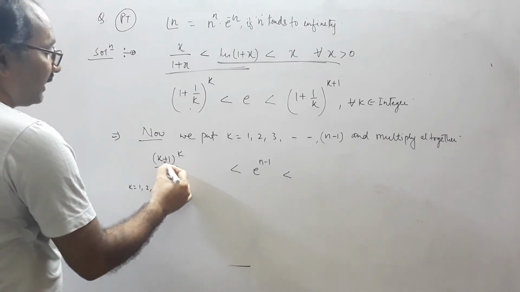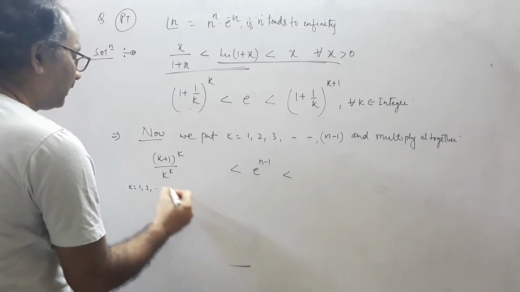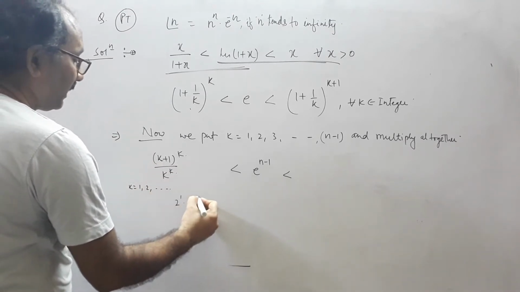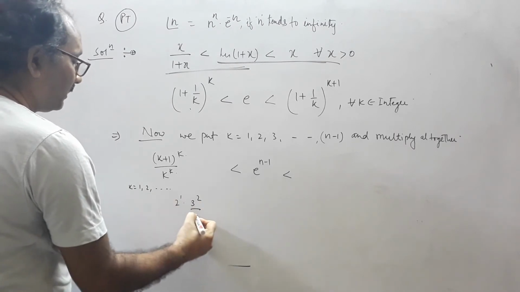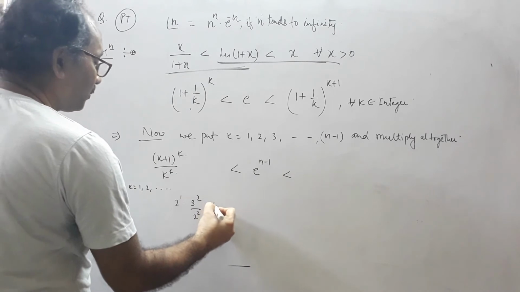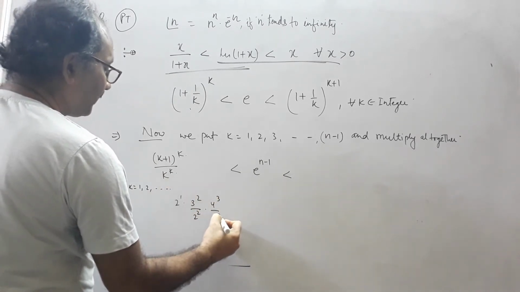K is equal to 1, then we have 2 to the power 1. K is equal to 2, then we have 3 to the power 2 divided by 2 to the power 2. K is equal to 3, then we have 4 to the power 3, and here we shall have 3 to the power 3.